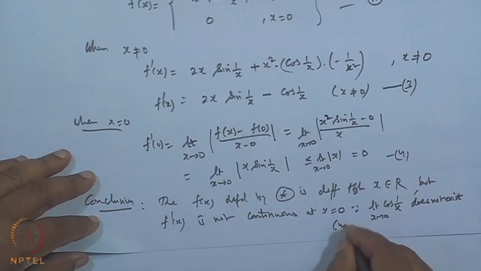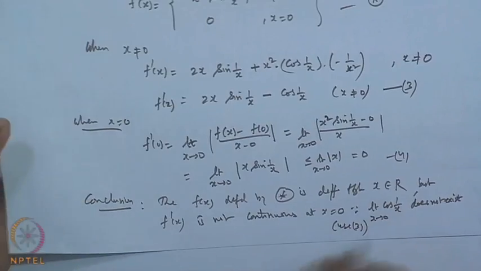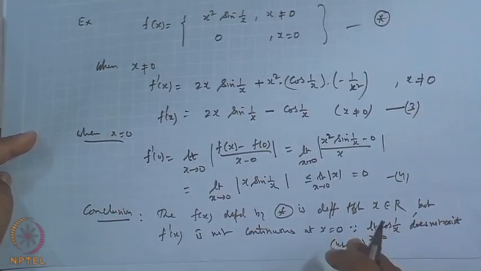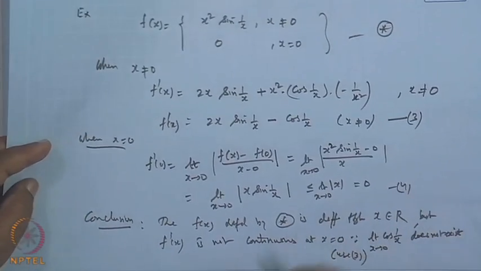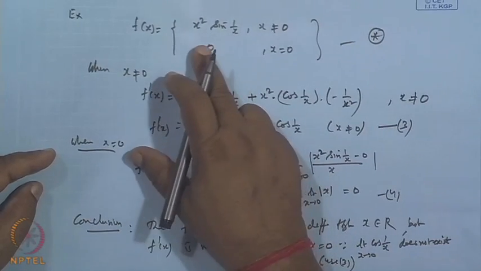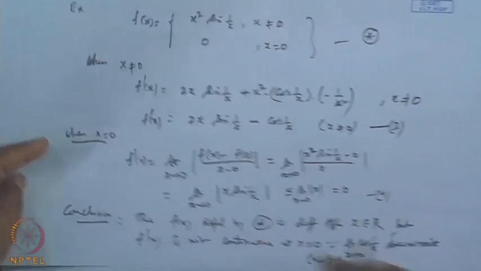Okay? So, when the function is differentiable, you cannot say that the derived function remains continuous. It may not be continuous. If it is continuous, then there is a possibility of going further, is it not? But if it is not continuous, we cannot talk about the derivative. So, in this case, we cannot talk about the second derivative of the function at the point 0. Okay?